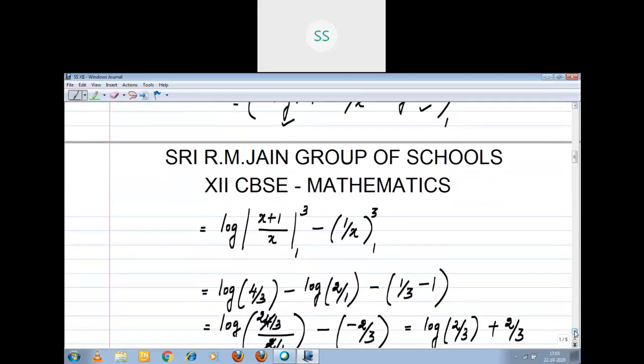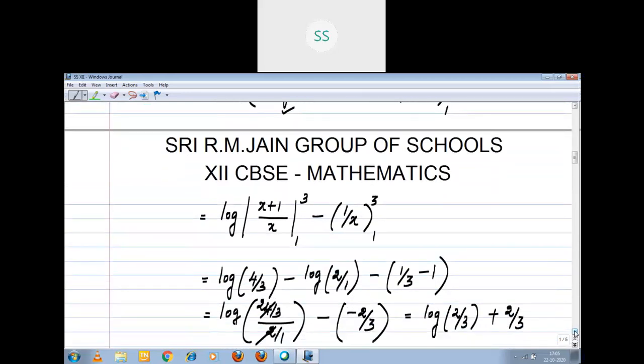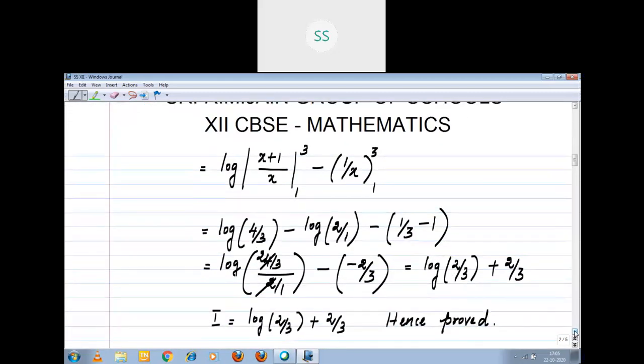Now log 4 by 3 minus log 2, minus of 1 by 3 minus 1, upper limit minus lower limit. Then again log a minus log b, log a by b, minus of minus 2 by 3, then log of 2 by 3 plus 2 by 3. What was already given in the question, we arrived at in the end. Hence, proved.